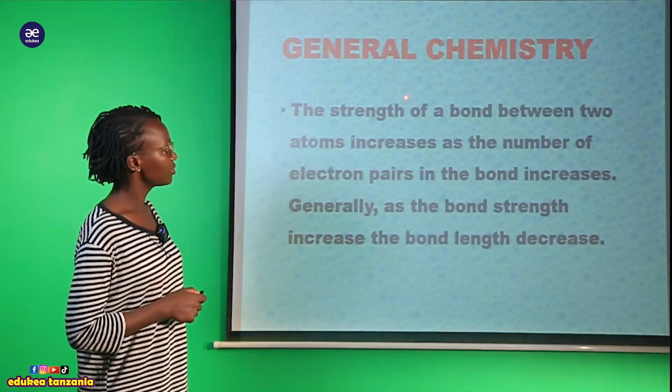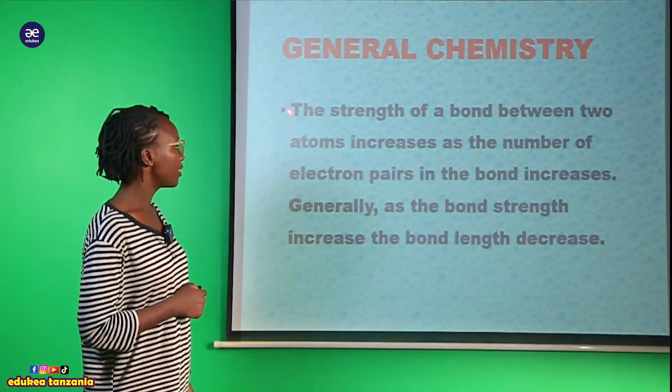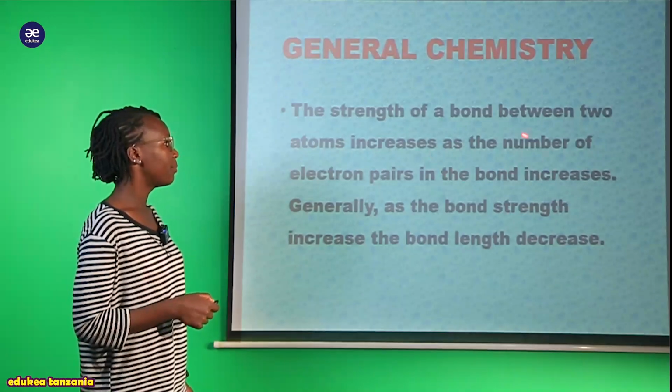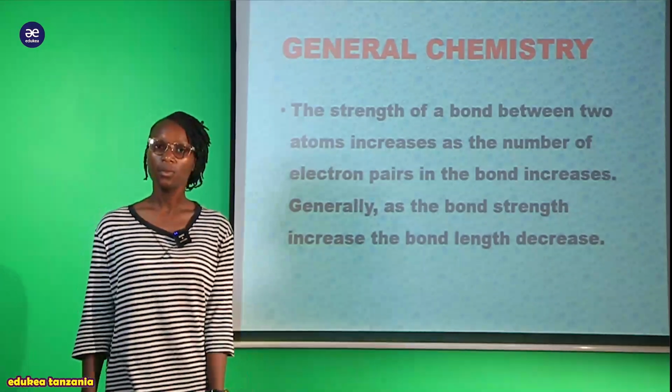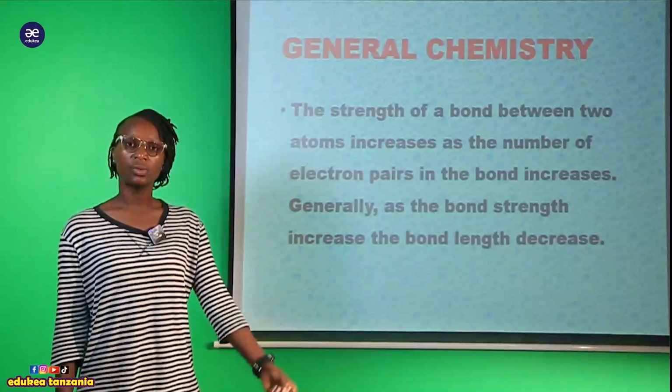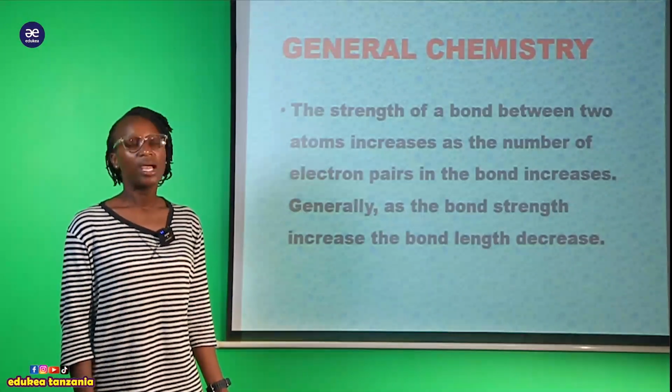So you can see that the strength of a bond between two atoms increases as the number of electron pairs in the bond increases. Because, we say that the stronger the bond, the more energy is required to break the bond.